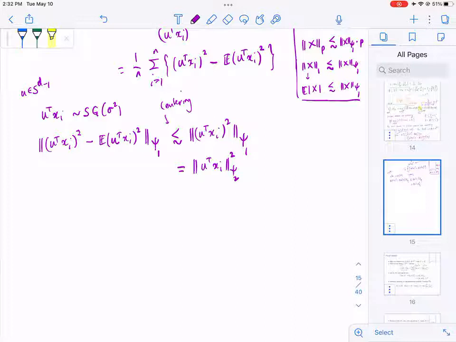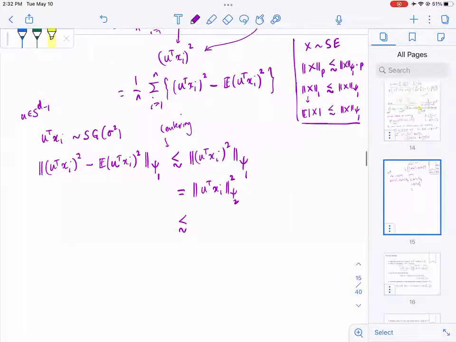And this by assumption is up to constants bounded by sigma squared. The sigma squared that we defined was basically up to constant the same as this. So that's a nice result.